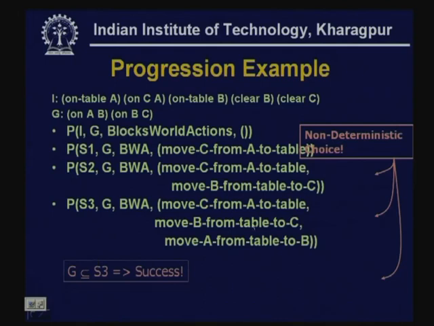And these choices, however, are non-deterministic choices of the agent, and in actual practice, the agent will have to do a lot of search. So, this is a particular problem where the state space is not very large, so this sort of problem can be solved by the agent, but for large problems such search can turn out to be very expensive.